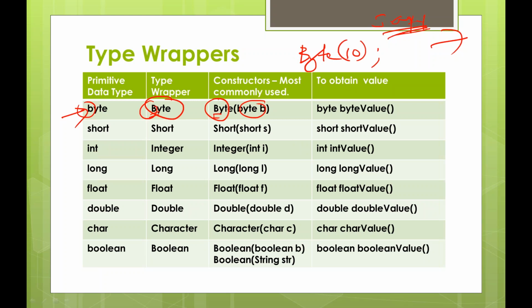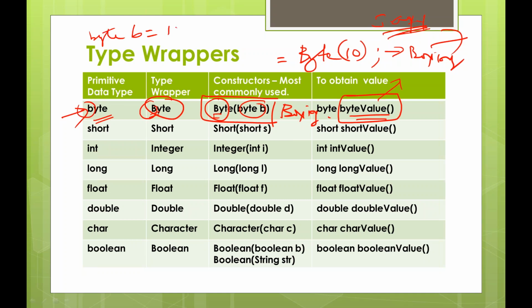This is what is called boxing. Here you are boxing it. Here you are calling a method, right? You cannot call this method on a primitive type.